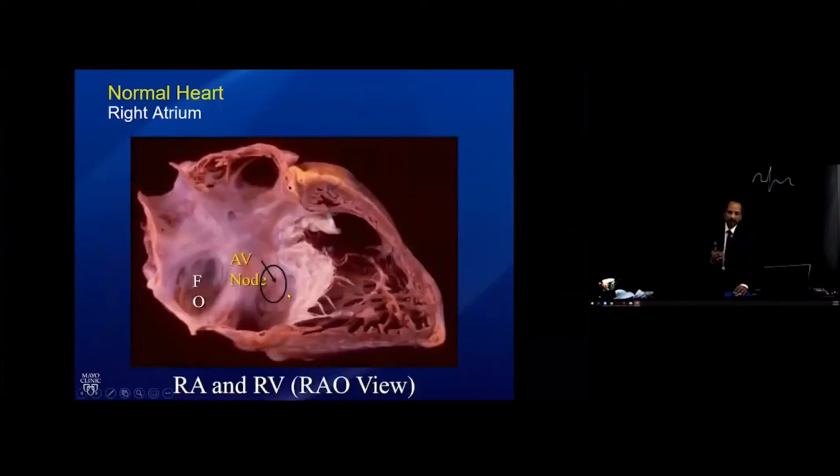Now, in between, to get from the sinus node to this His bundle region, in the little furrow between the anterior and septal leaflets, is the compact AV node.